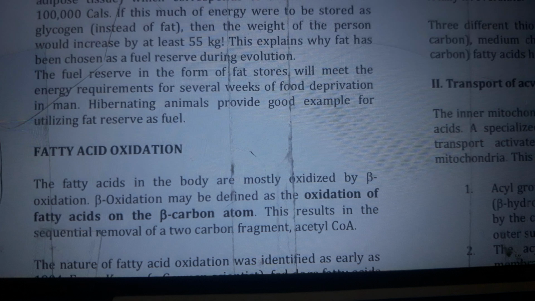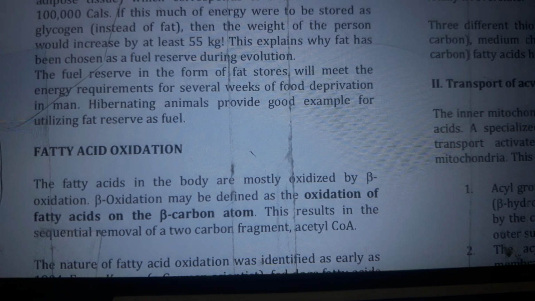For the two reasons stated above, 1 gram of fat stored in the body yields nearly 6 times as much energy as 1 gram of hydrated glycogen. In a healthy individual weighing 70 kilograms, about 10 to 11 kilograms of fat is stored mostly in adipose tissue, which corresponds to a pure reserve of 100,000 calories.